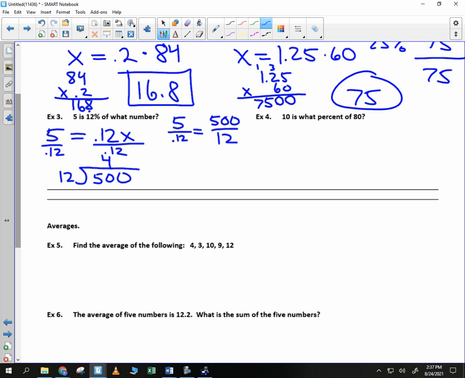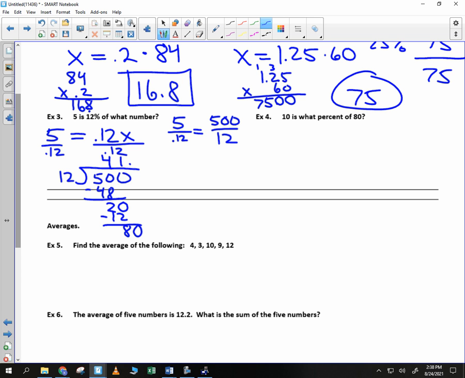4 times, that gives you 48. Subtract, I get 2. Drop the 0. How many times does 12 go into 20? Once. That gives you 12, minus, you get 8. Drop the 0. How many times does 12 go into 80?